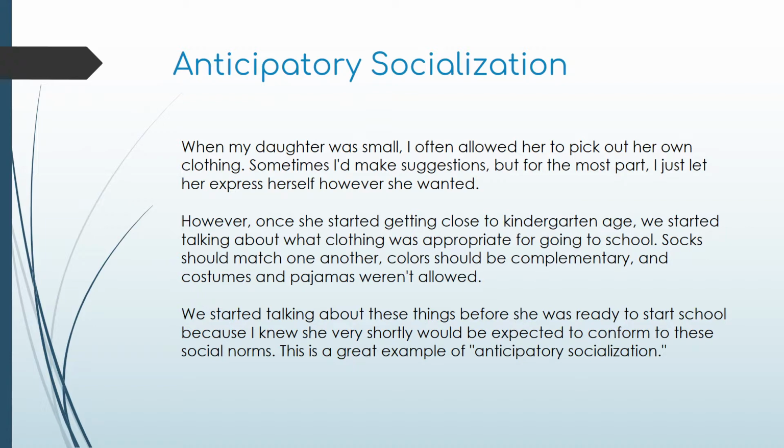Costumes and pajamas were not allowed. So we started talking about these things before she was ready to start school because I knew very shortly she'd be expected to conform to these social norms. This is a great example of anticipatory socialization. Now make your own quick definition of anticipatory socialization.